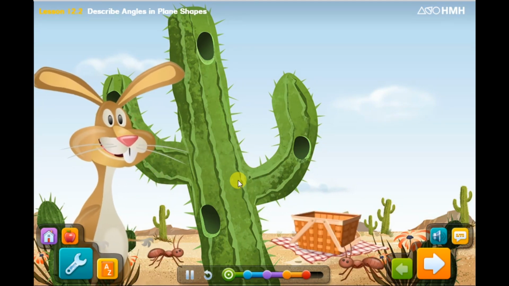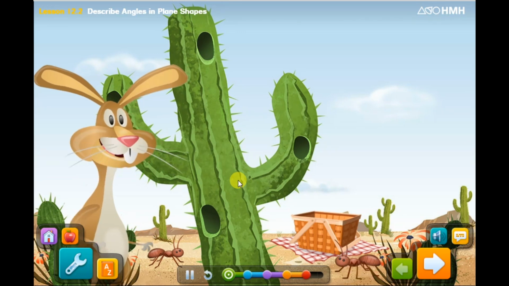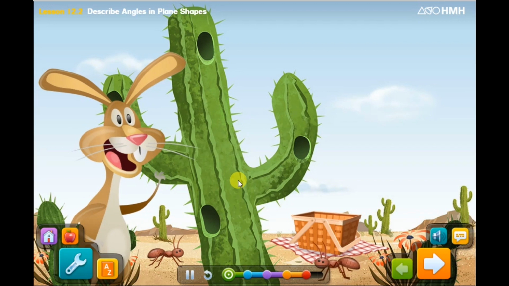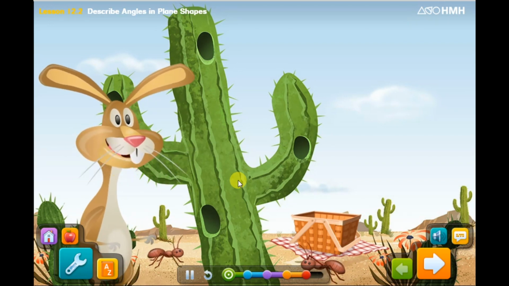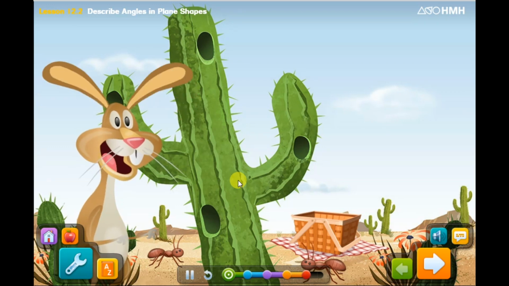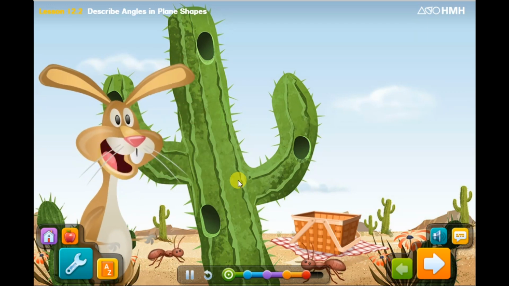Hello, Rabbit. Hi there. Guess what the ants found? What are you talking about, ants? It's a picnic basket. The family that brought the basket is off playing a game, so we can get a good look inside it while they're gone. Can we? Let's see.